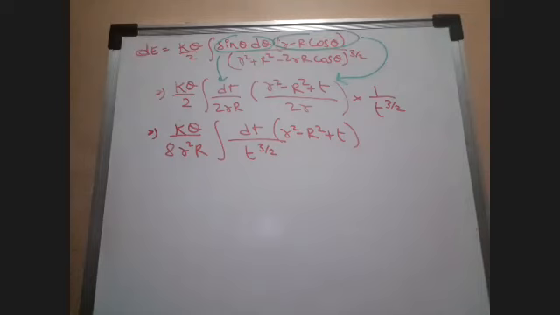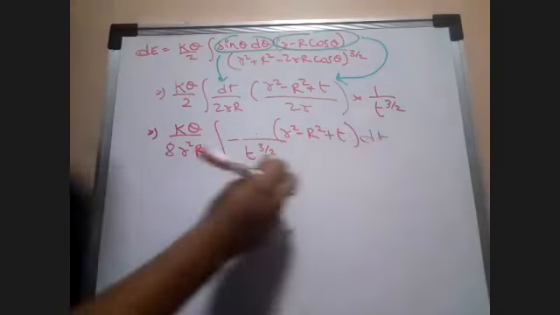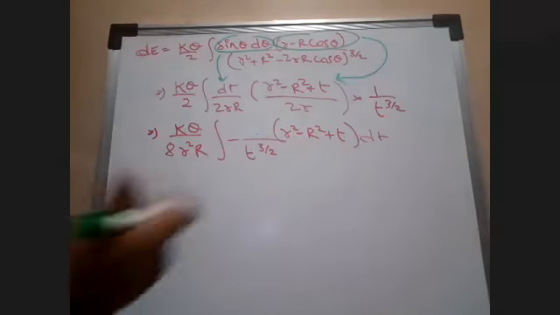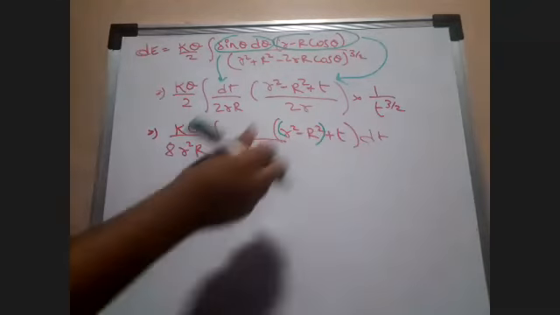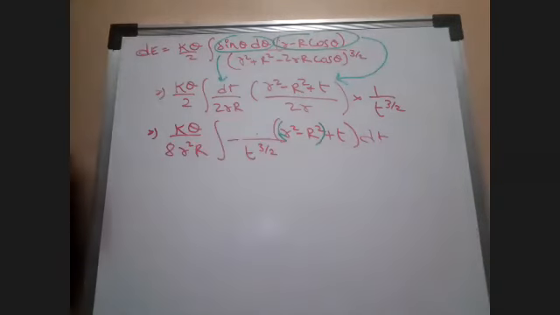Now, how can we solve this integration? Let me rearrange the terms. I can take dt over. I can group r square minus capital R square like this, there's no problem in grouping it, and I can take t raised to 3 by 2 on the top.